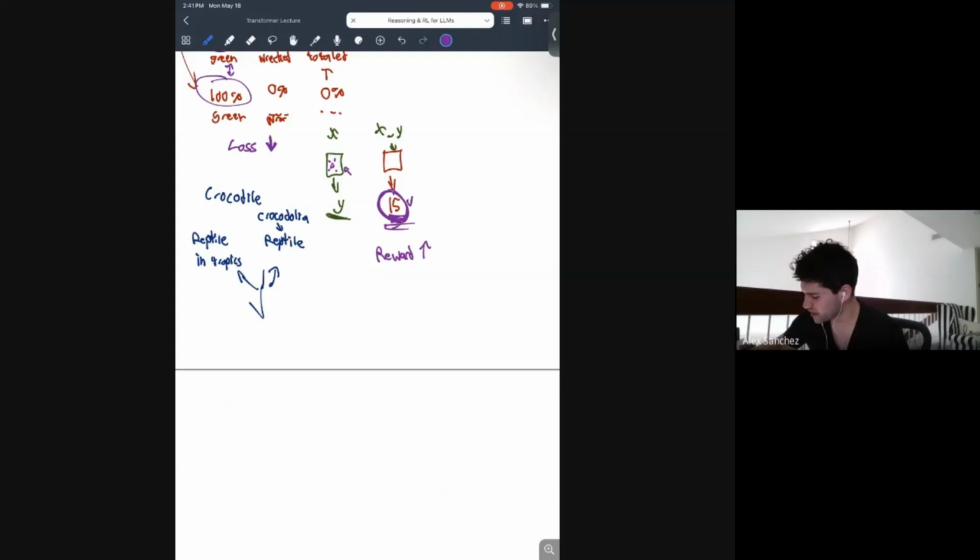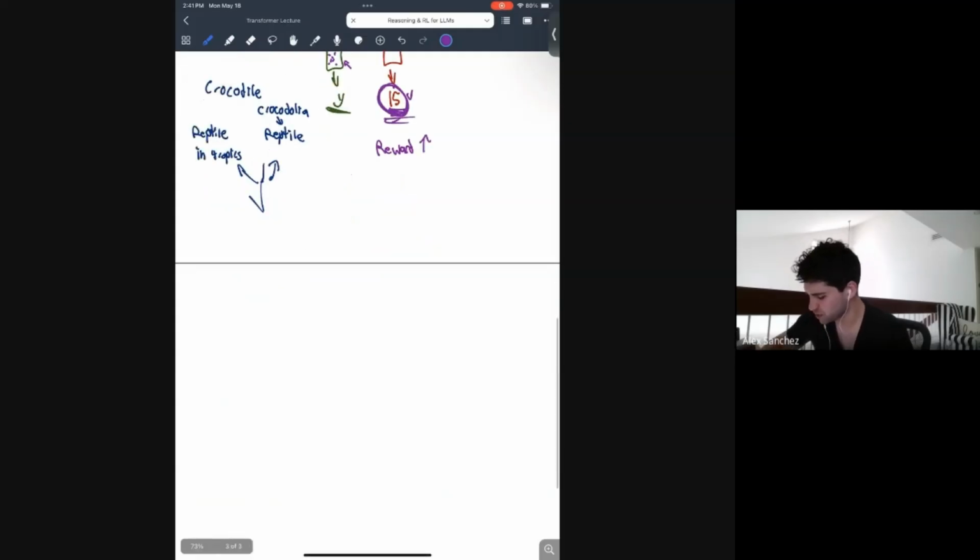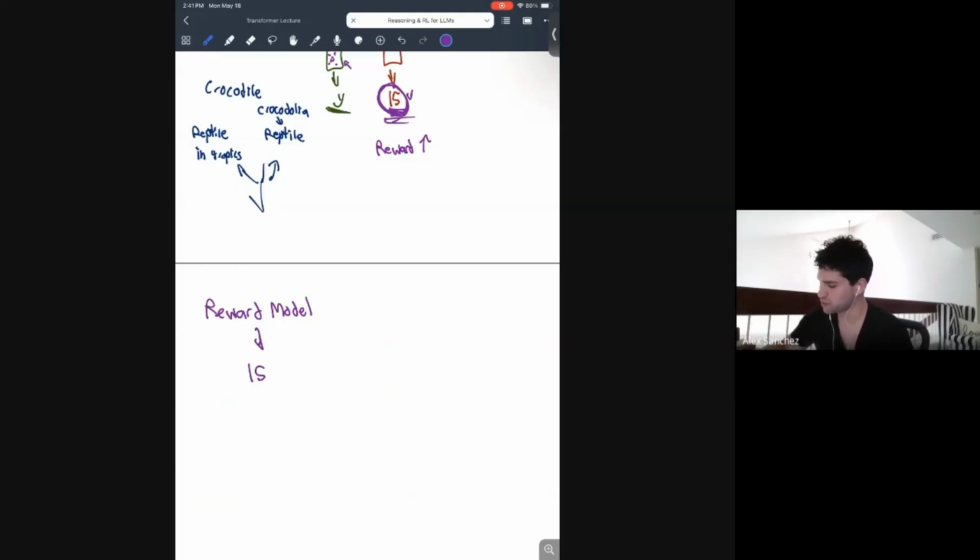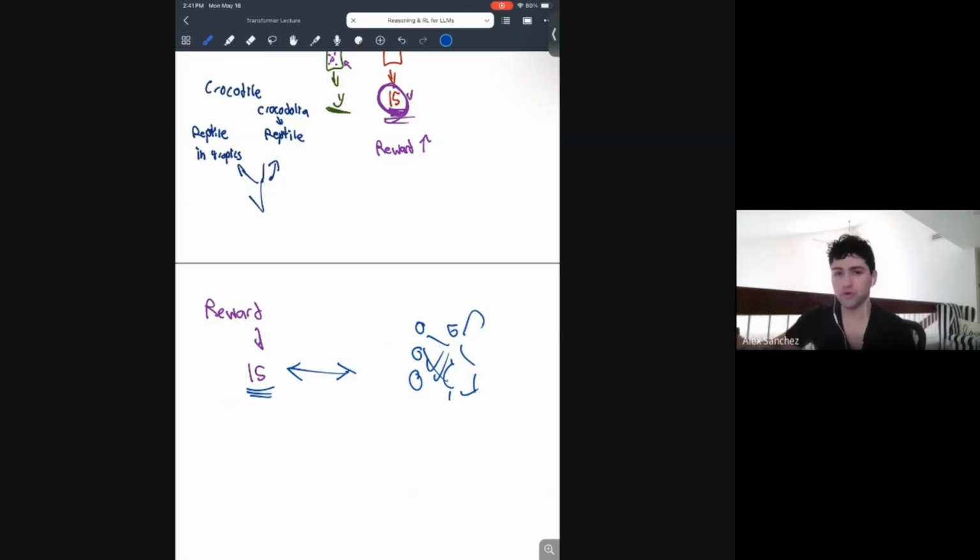And so we have our reward. We are given some reward by a reward model. In this case, just imagine our reward is 15. How do we convert this 15 into signal for our neural network to perform backpropagation correctly and update the weights?